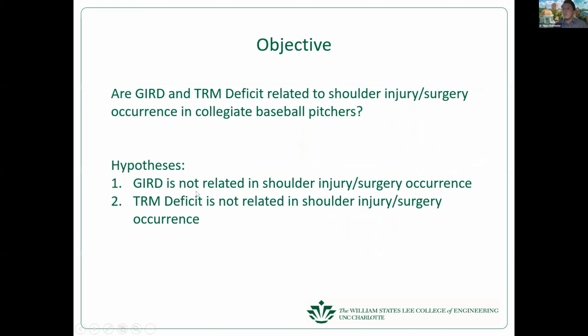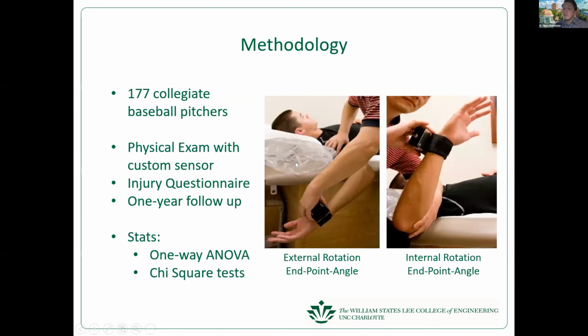Ideally, we wanted to figure out: do these deficits impact the rate of injury or surgery occurrence in collegiate baseball pitchers? We assumed the null hypothesis that neither deficit was related. To do this, we recruited 177 collegiate baseball pitchers.